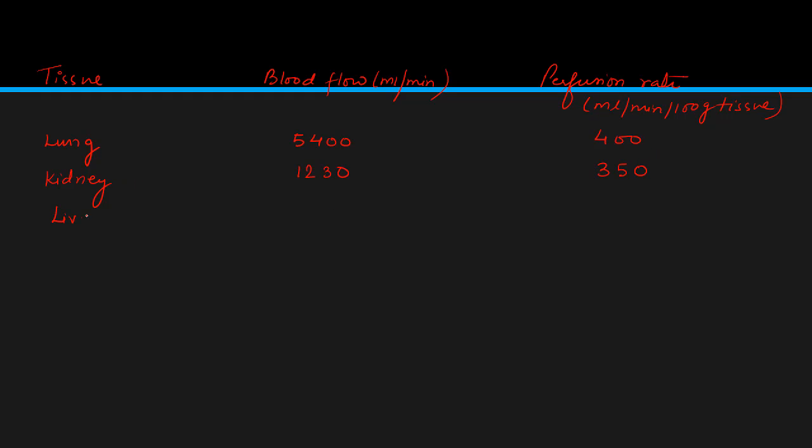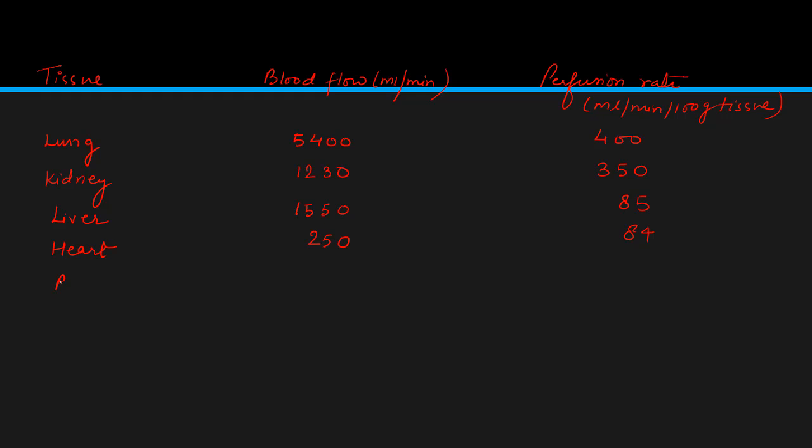Liver, 1550 is the blood flow ml per minute and the perfusion rate is 85. Heart, the blood flow is 250 ml per minute, the perfusion rate is 84.